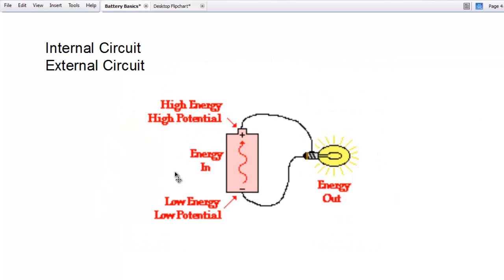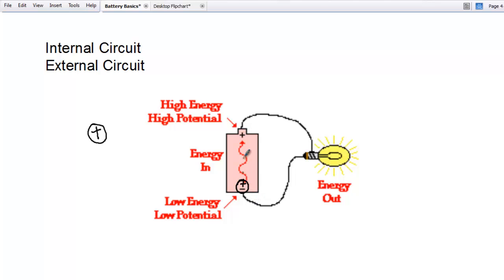All right, now let's get into a couple of things that are really relevant to what we're doing. There's an internal circuit inside a battery, and then the external circuit we think about. And we always use a positive test charge, if you remember from our previous video. So if you have a positive test charge inside a battery that has been discharged, well, if you think about it, those positives and negatives are attracted to each other.